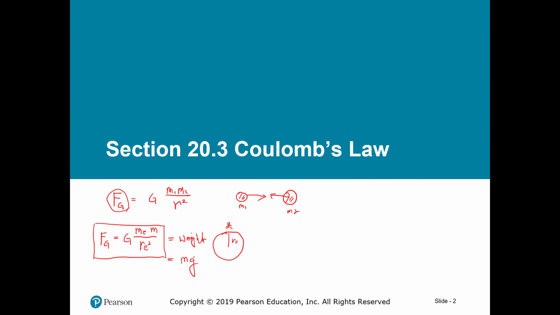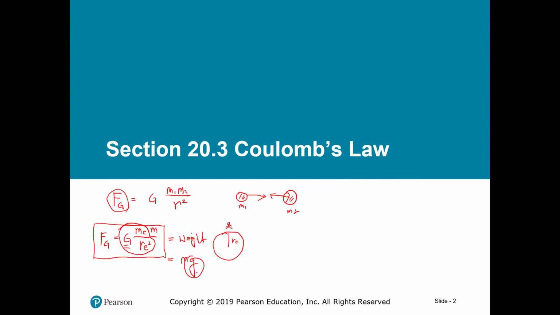So in other words, your g is going to be a combination of these three numbers. Large G is a very small number, and then M_E is the mass of the Earth. R_E is the distance between you and the Earth, which is again the radius of the Earth. So for the same logic, you can also find gravity g.